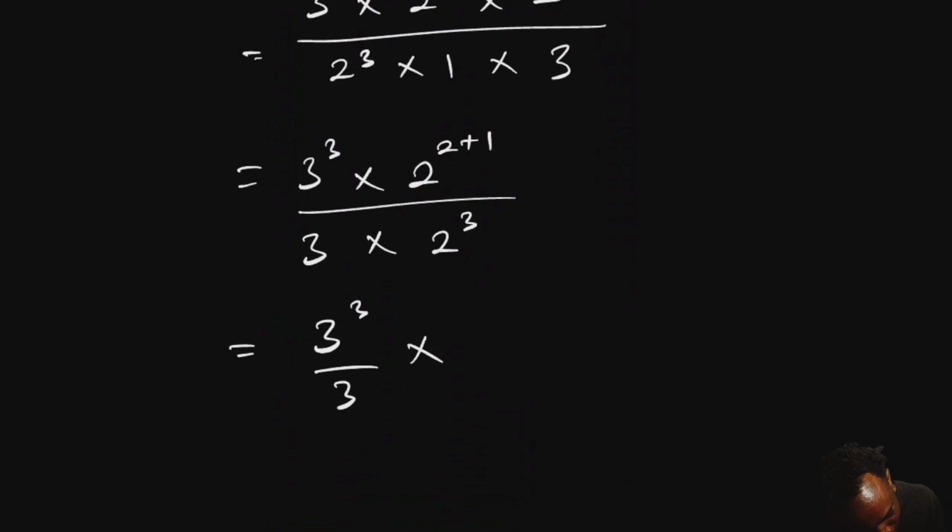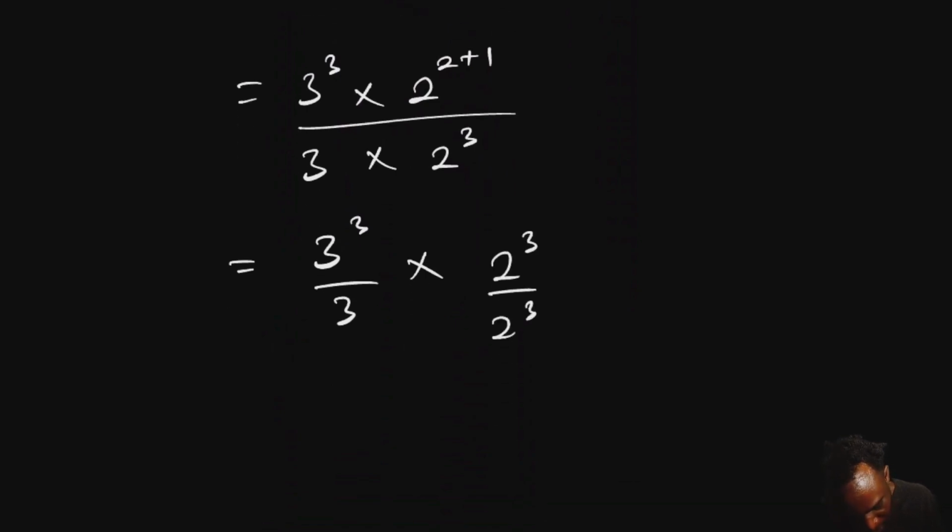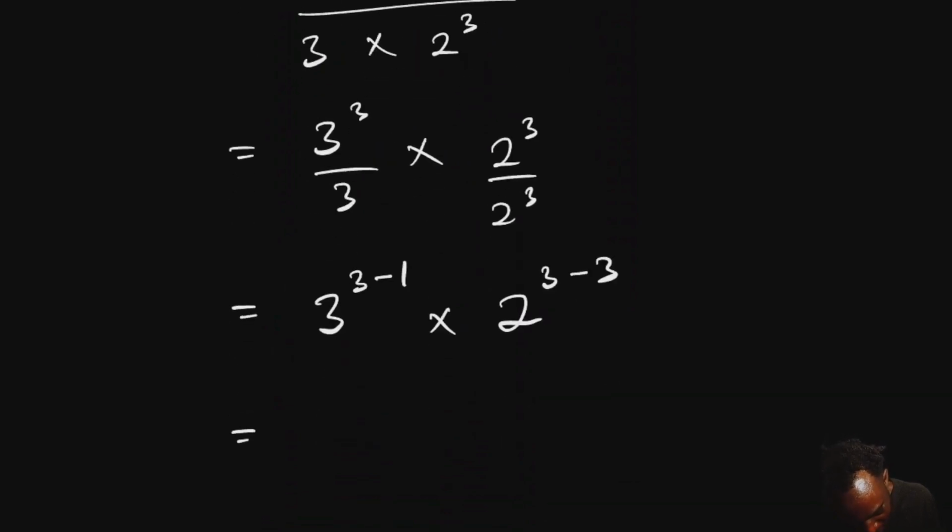To simplify further, we can write it as 3 raised to the power 3 minus 1, times 2 raised to the power 3 minus 3. Over here we get 3 raised to the power 2 times 2 raised to the power 0.